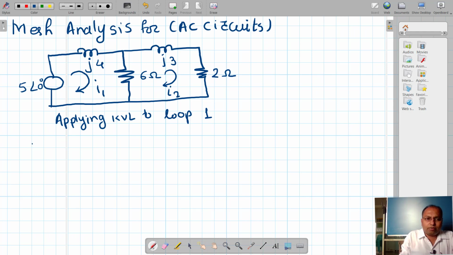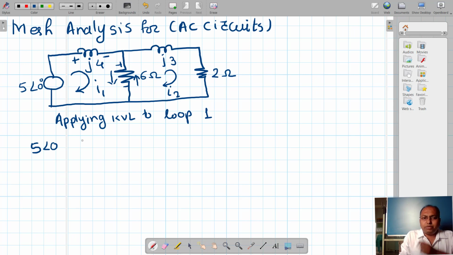The voltage source is 5 angle 0. Considering the resistor, the current enters from this point and leaves from this one, creating a voltage drop. The current I1 is flowing in a downward direction and I2 is flowing in the opposite direction. Both are opposite in direction to each other, right?